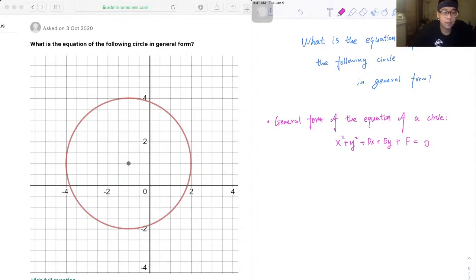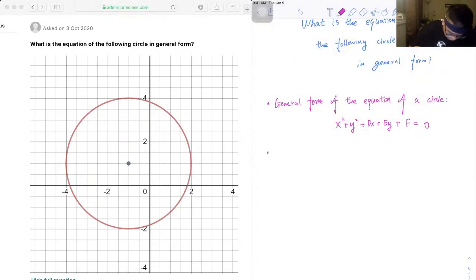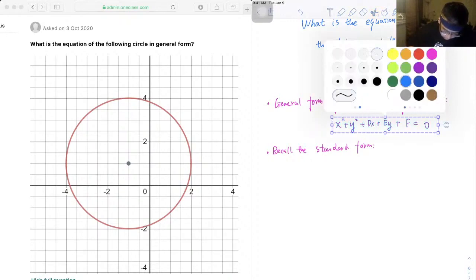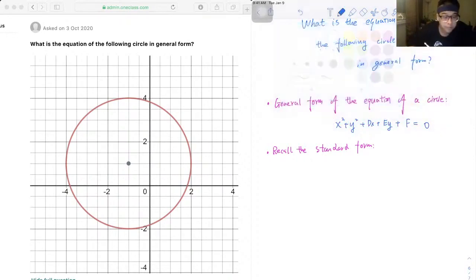And before we arrive at the general form, we first look at our standard form. We call the standard form, which is given by the formula (x minus h) squared plus (y minus k) squared is equal to r squared.